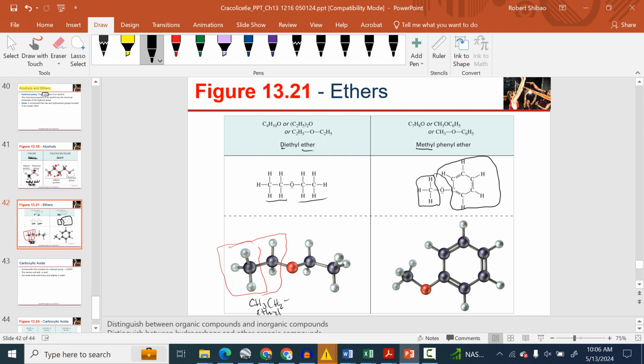Organic chemists call these sp2 carbons, and the tetrahedral carbons, organic chemists call those sp3 carbons. So this is an sp3 carbon, these are sp2 carbons. Or this is a tetrahedral carbon, these are trigonal planar carbons here. You learned that in Chem 1A. But this is called methyl because we have a methyl on this side, and then we have a phenyl attached on this side, and this is an ether.